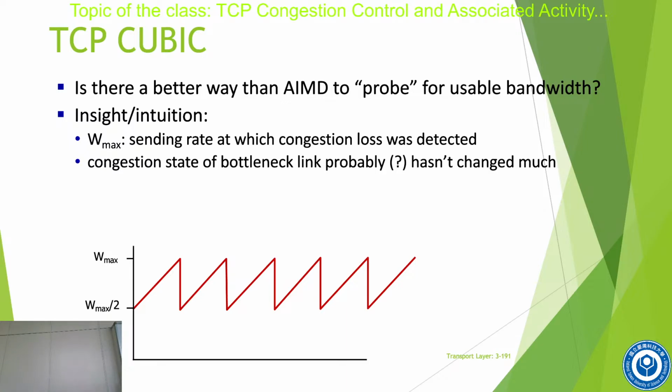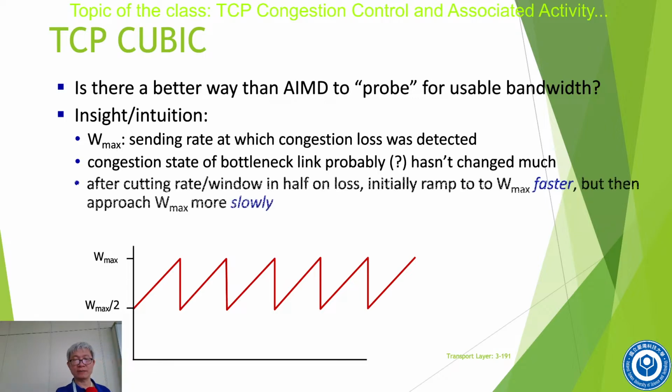Is there any other way to probe it? Here, this one. We have this description. Check it. In fact, we can ramp up to the maximum value faster initially, and slowly once we approach it.